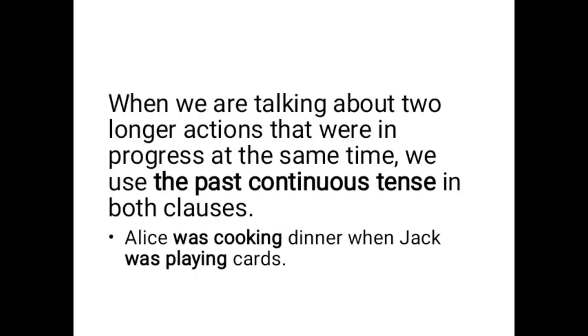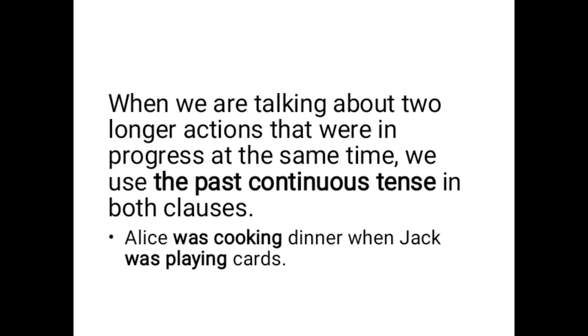Now, moving on. When we are talking about two longer actions that were in progress at the same time, we use the past continuous tense in both clauses. Say, Alice was cooking dinner. Jack was playing cards.